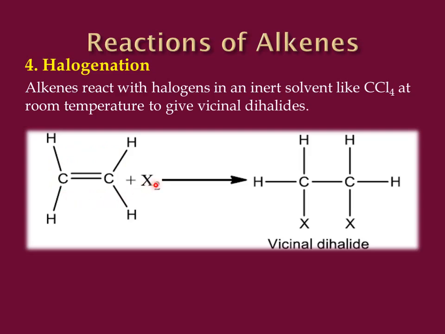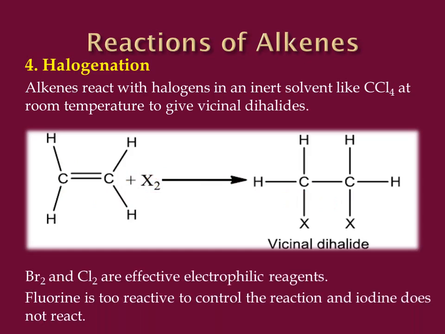If we are taking bromine and chlorine, they are effective electrophilic reagents. What do I mean by saying electrophilic reagents? That chlorine and bromine can add to the nucleophile, so they are electrophiles themselves. Fluorine is too reactive to control and the reactions are very vigorous, and iodine does not react under these conditions.